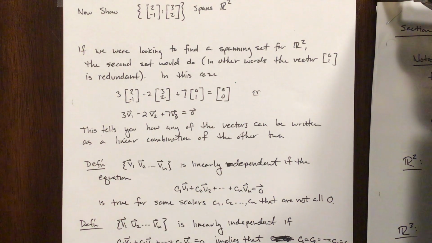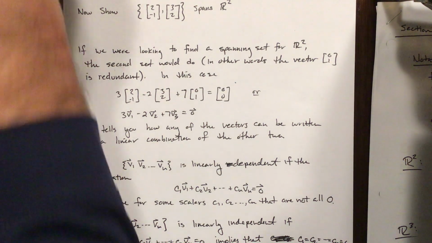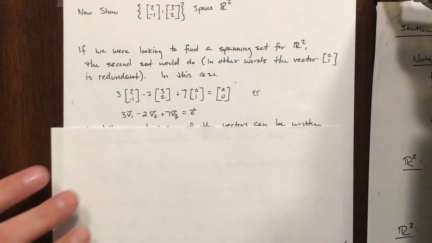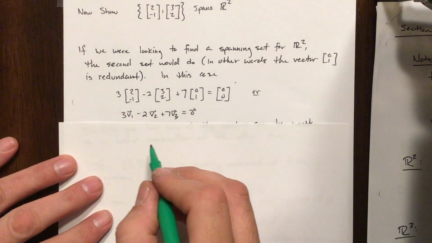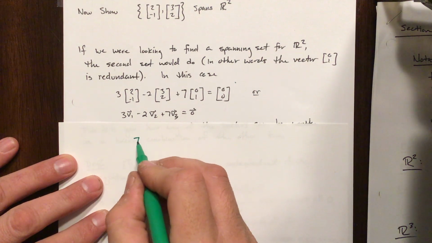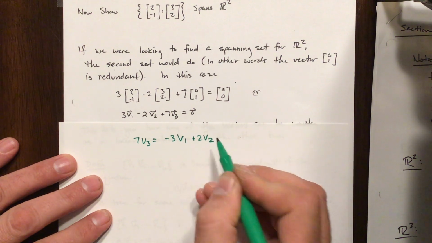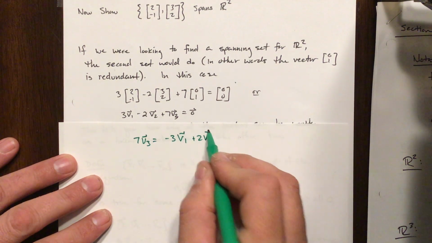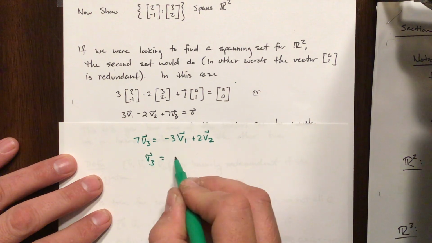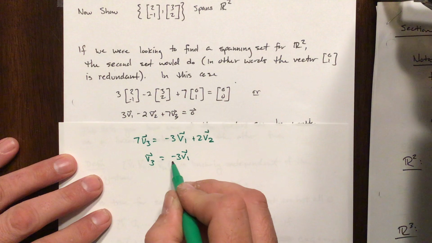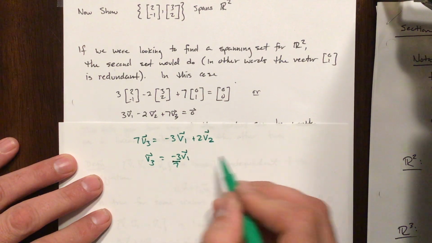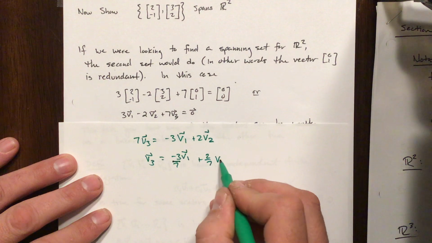And this tells you how any of the vectors in the linear combination can be written in terms of the other two. If I wanted to solve for v3, I could say 7v3 is equal to minus 3v1 plus 2v2, and v3 is minus 3/7 v1 plus 2/7 v2.